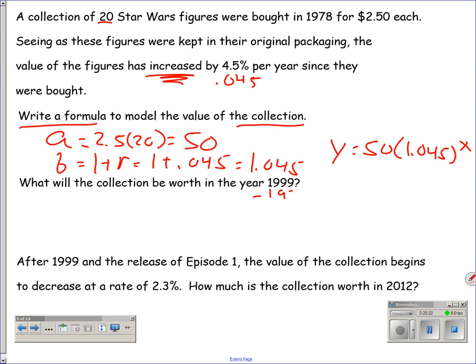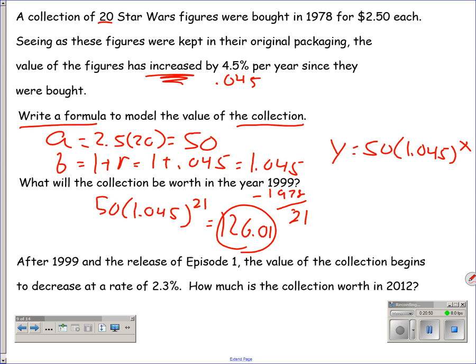We started off in 1978. The amount of years that have passed were 21. So if I wonder how much they've increased by, it's going to be 5,000 times 1.045^21. I think it's like $12,000-something. 12,601.